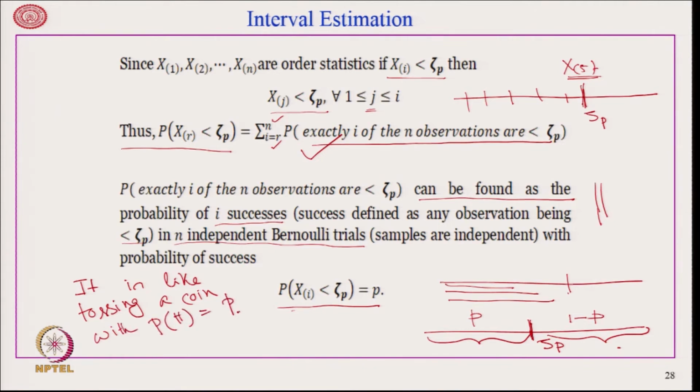Because if we take a random sample, there is probability p that it is on this side, which we call a success, and if it is on this side, it is a failure. You know that in Bernoulli trials, by head we mean the success. Therefore, we are comparing this situation with a Bernoulli tossing situation.